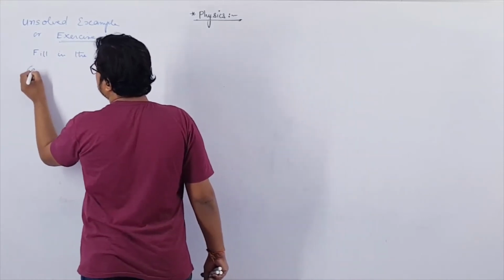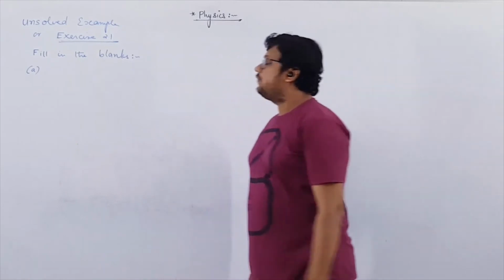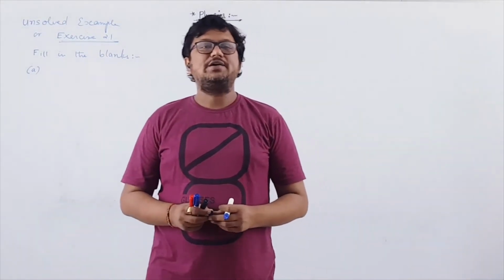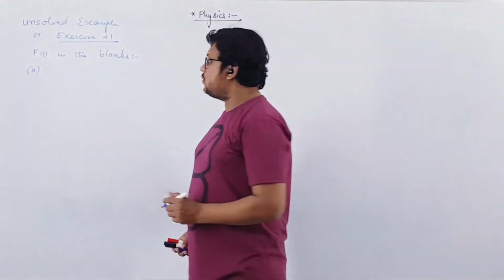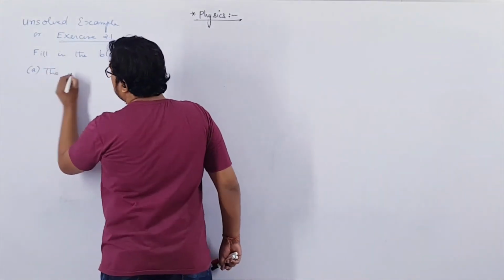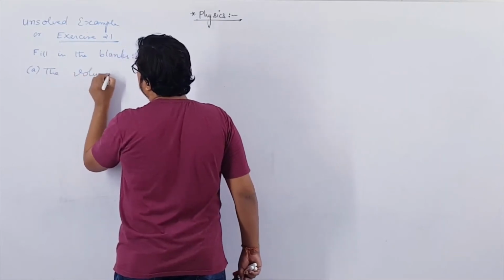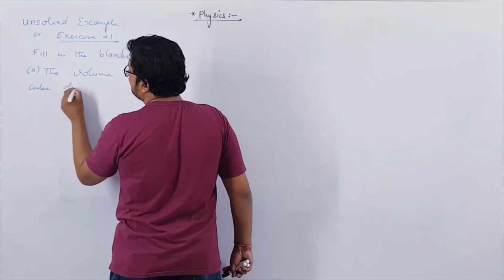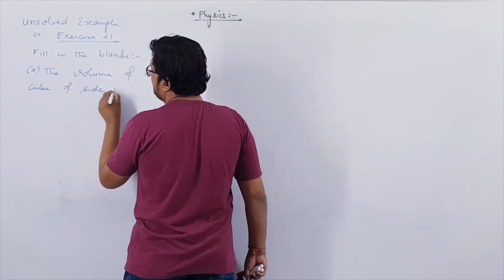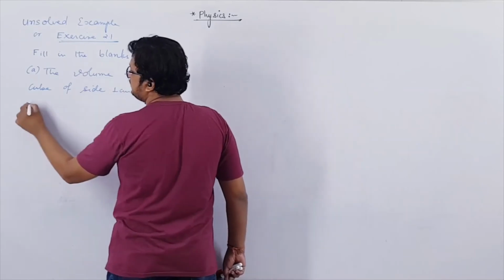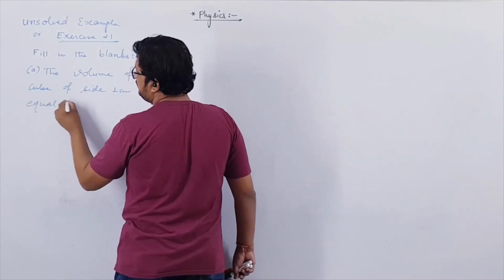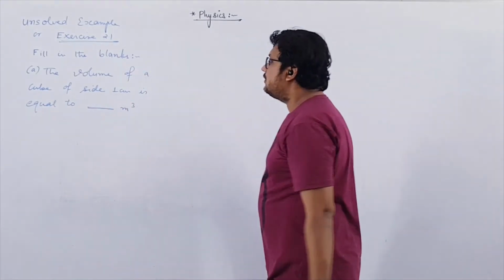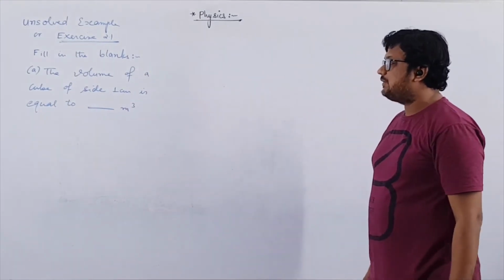The first one, A1, is: the volume of a cube of side 1 centimeter is equal to blank meter cube.